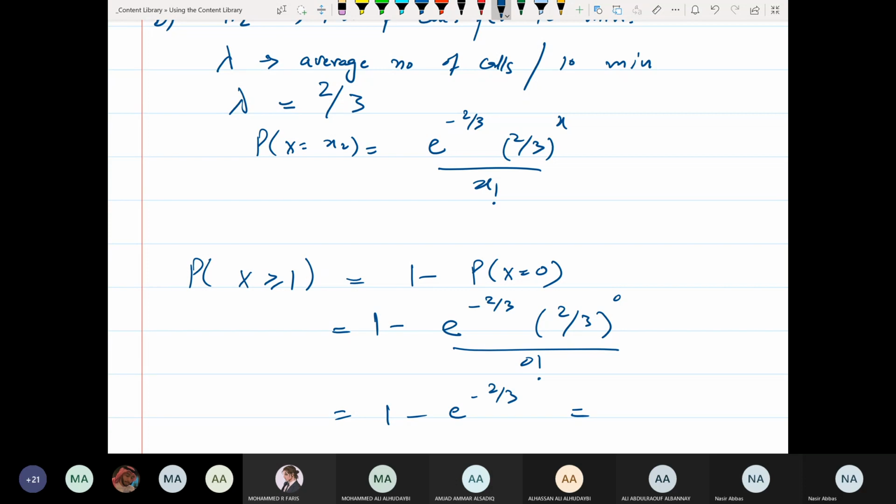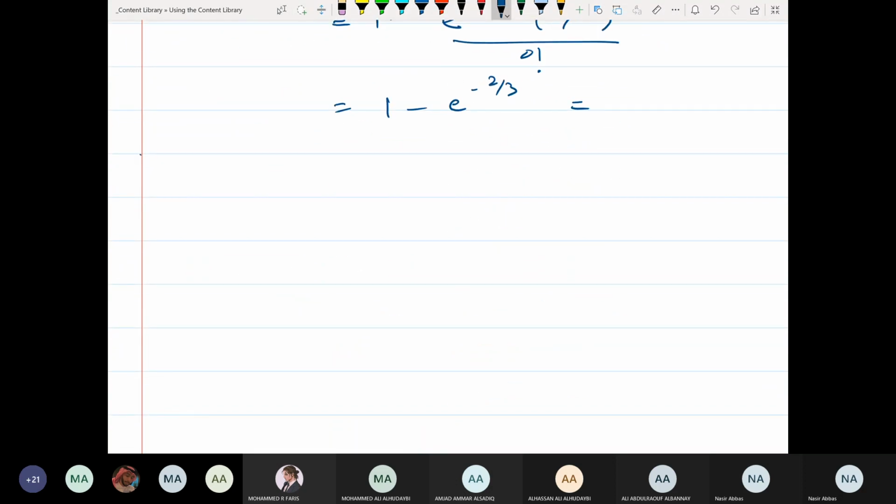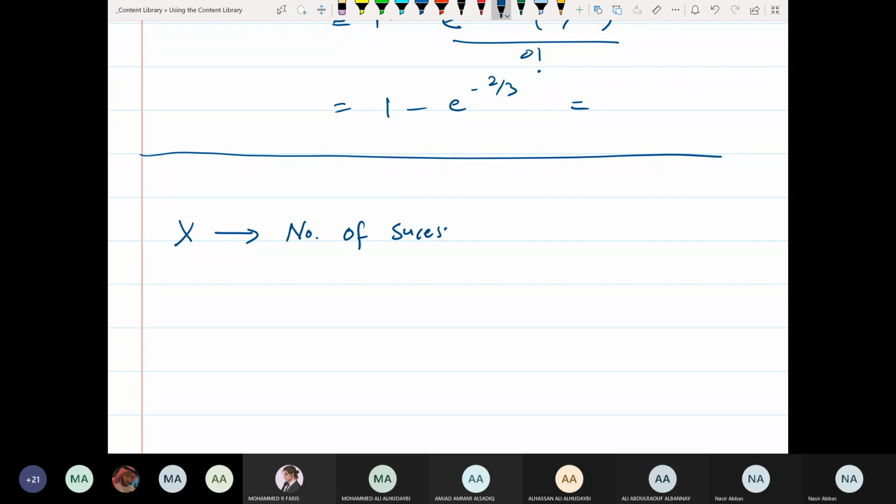They were not exponential. And now we come to a point where we need to see the link between Poisson and exponential. There is a link between the Poisson and exponential distribution, and here is the link. We usually say if X is the number of successes per unit, we say X is Poisson.